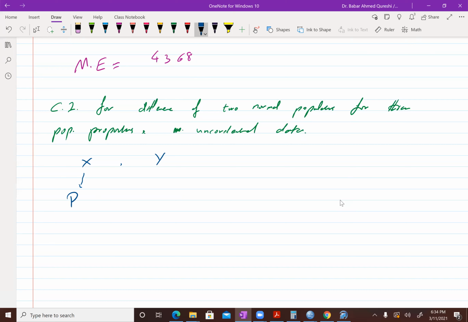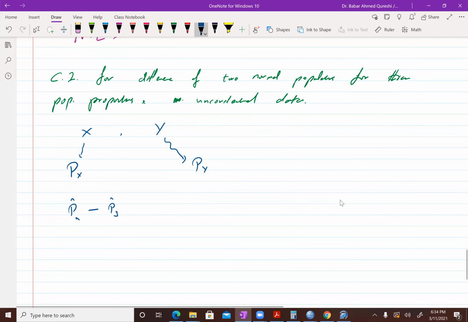So you're assuming there is some true population proportion in the population X and some true proportion in Y, but you make a sample, you get some sample estimate, which I get like this. I can make an estimate of the difference. That is what I'm interested in.